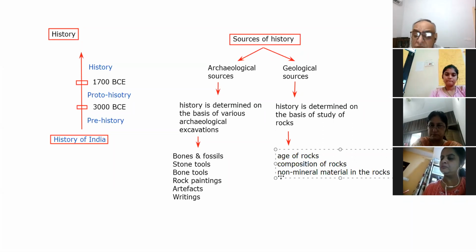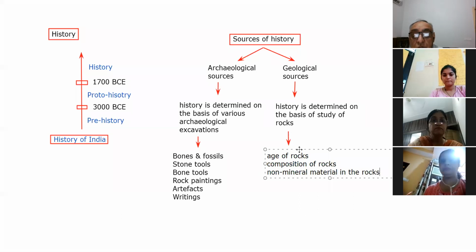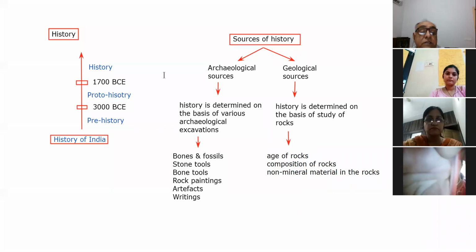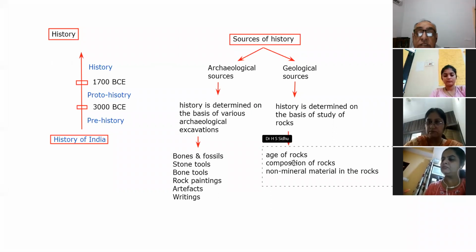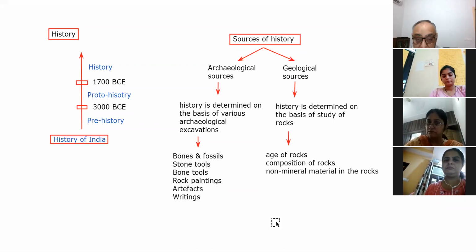Whatever material is there in the rocks, we can study that also. On this basis, we try to determine the chronology of the history. So these are the two basic sources of the history, right?